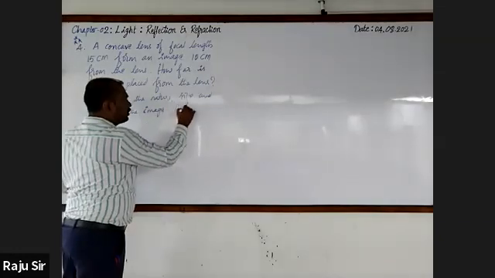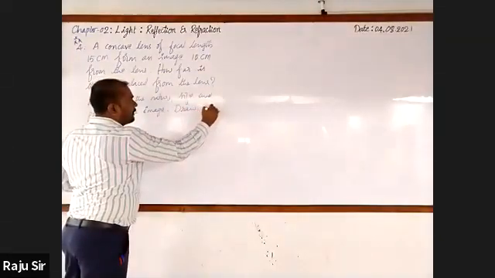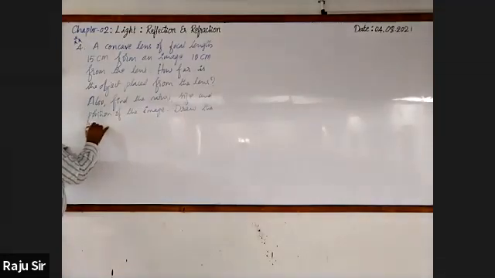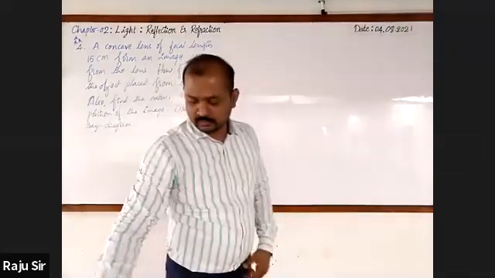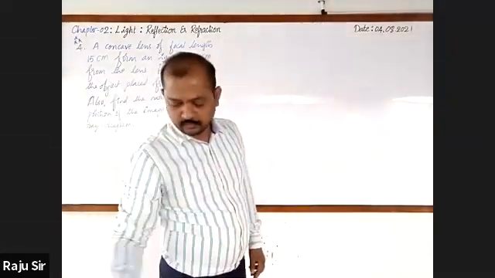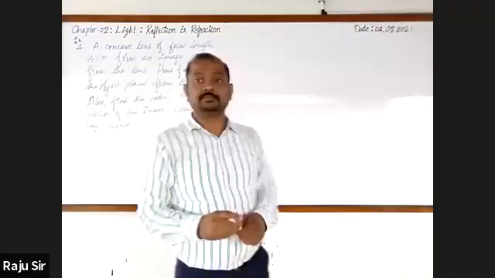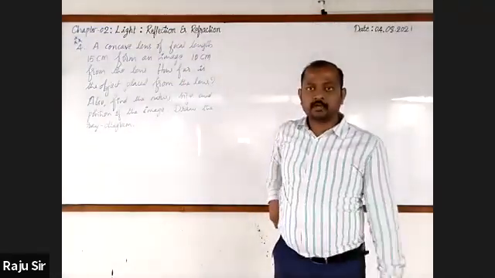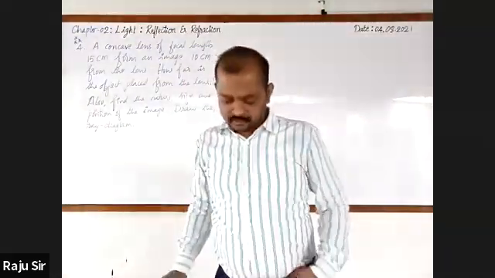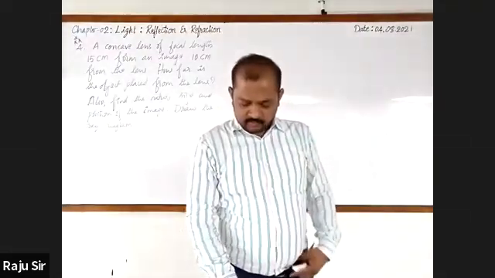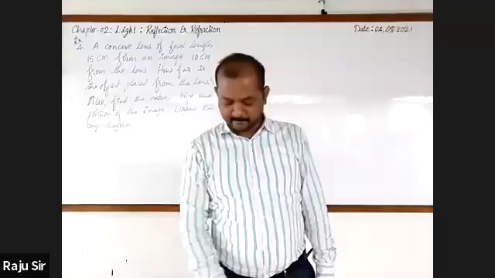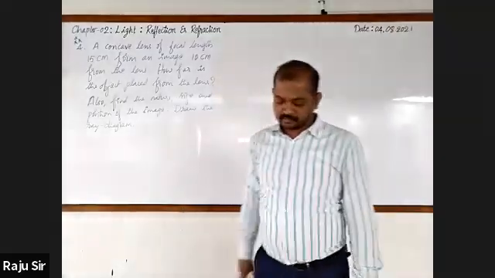Then draw the ray diagram to represent the given situation. Sir, it is the same question as the previous one, same values are there. It's okay, you leave the values.